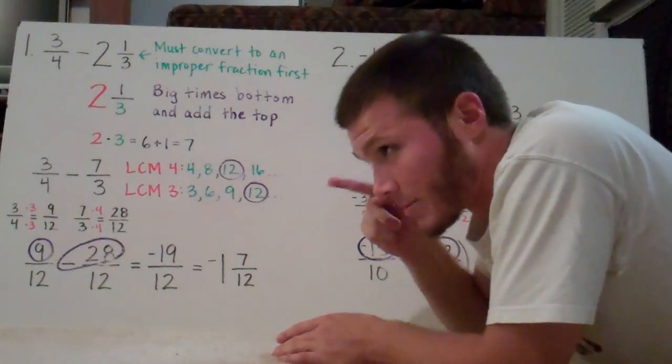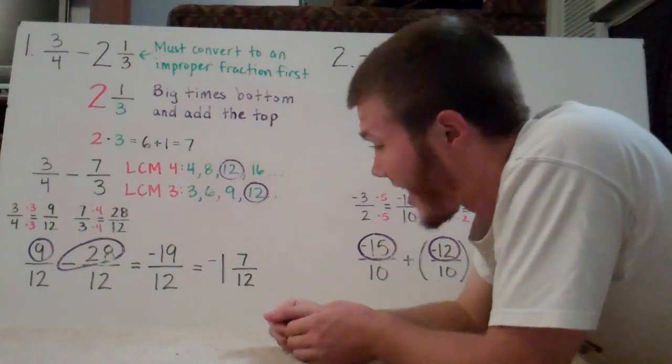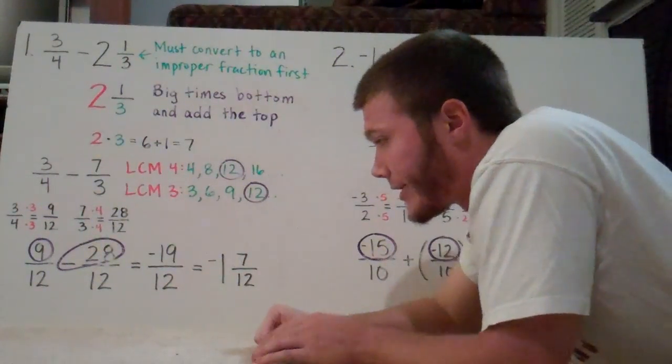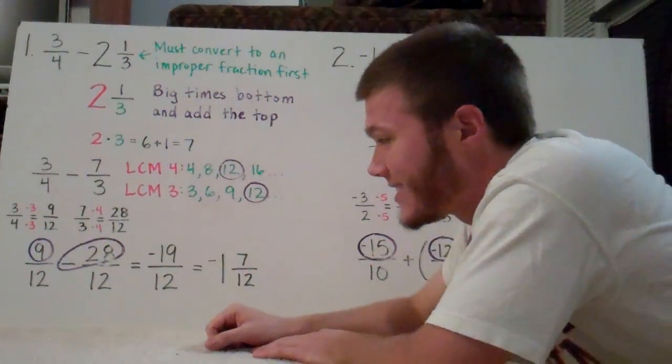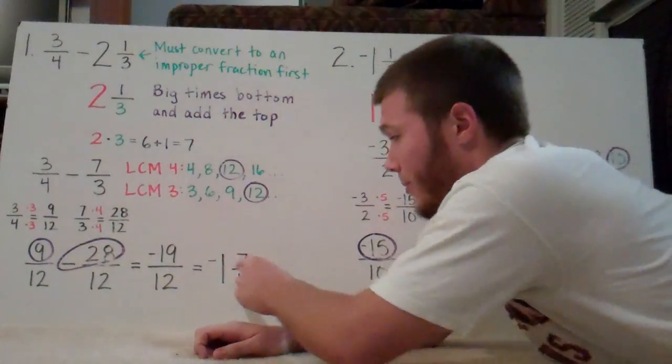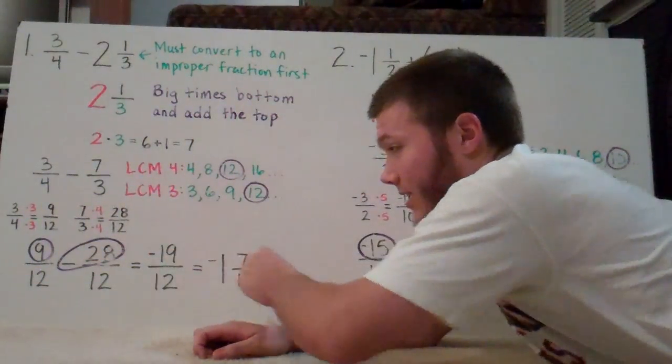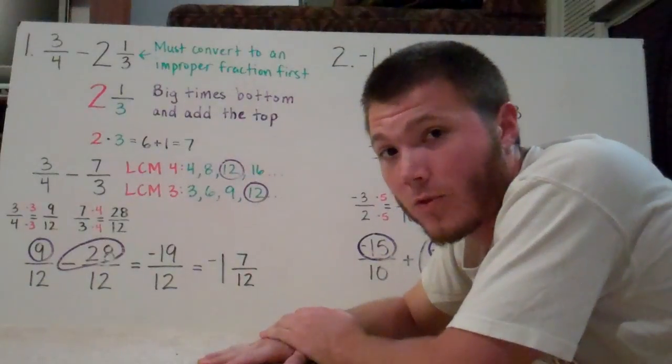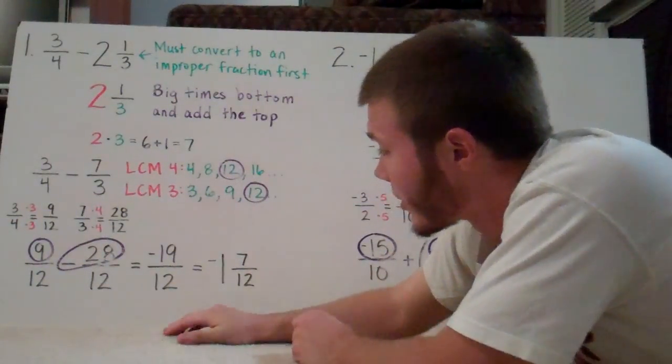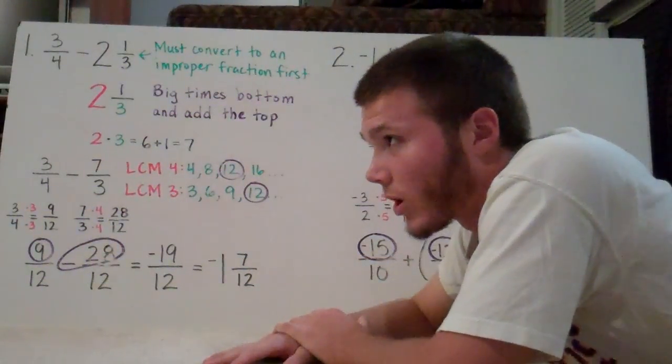But, like I said before in the last slide, you never want to leave an answer as an improper fraction. Well, 12 goes into 19, it only goes in one time. So I'm going to have one whole, and it's negative because it was negative before. And, well, one whole is 12/12ths.